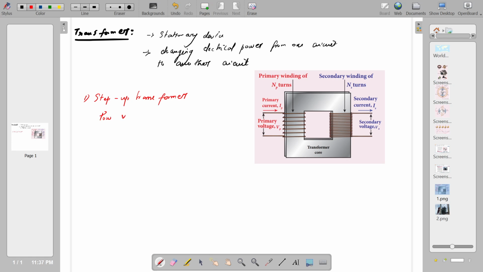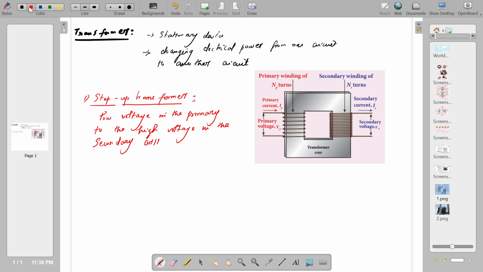in the primary, low voltage in the primary, to the high voltage in the secondary coil, then this type of transformer is called a step up transformer.